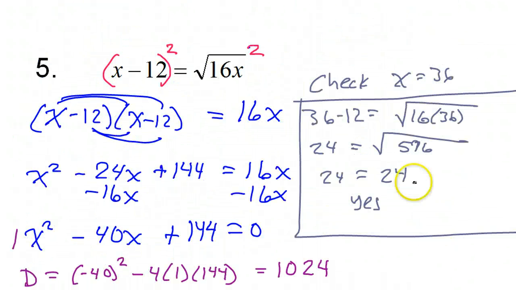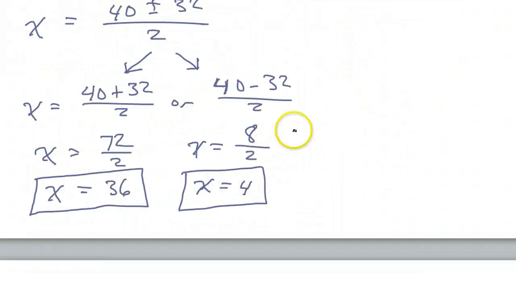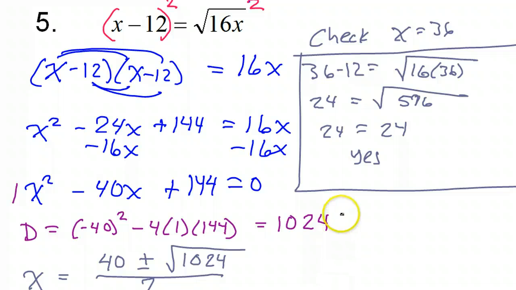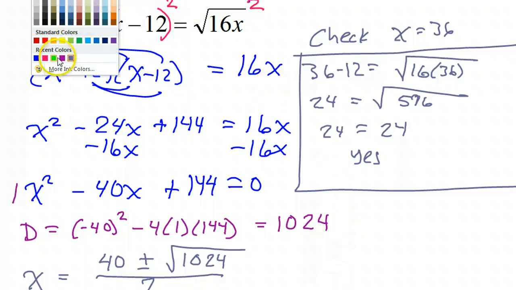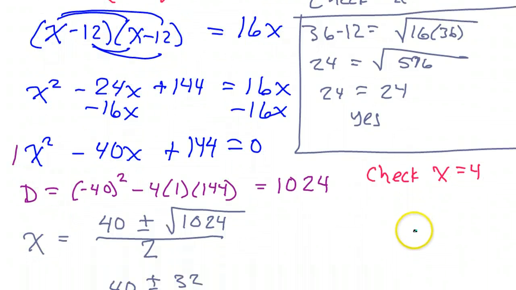Okay, now let's check the other one. Alright, so let's check the 4. I think I'll switch over to purple. No, I'll do pink. So let's check x equals 4 and see what's up.